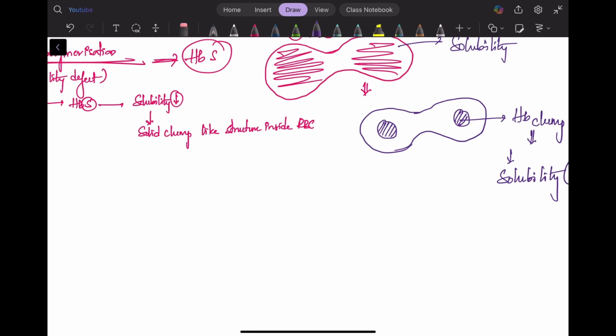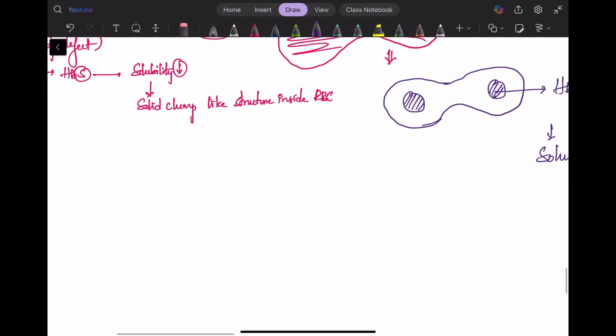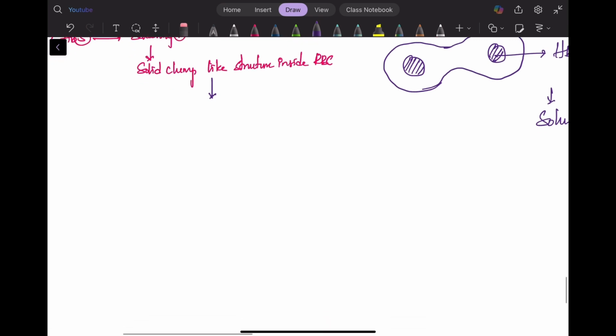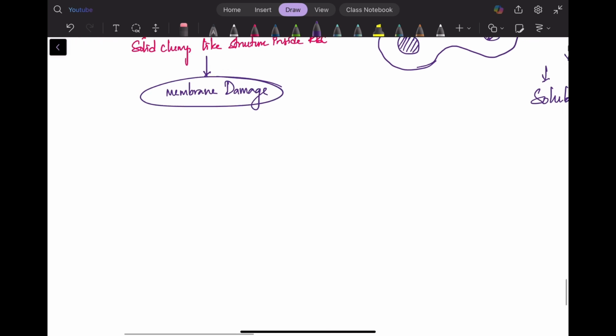So something has happened. So what? That is the important part. So what happens is there will be membrane damage, and this membrane damage leads to two types.